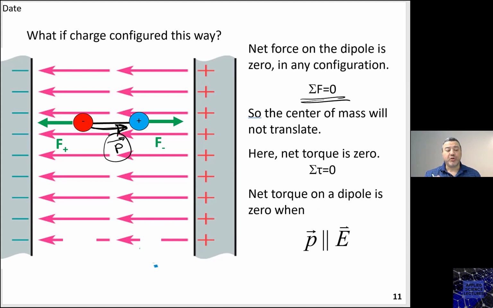This dipole is only going to rotate, such that the dipole moment becomes parallel with the electric field. And at this location, when they align the dipole moment with the electric field, the electric potential energy would be minimal. This is the lowest value of the electric potential energy.